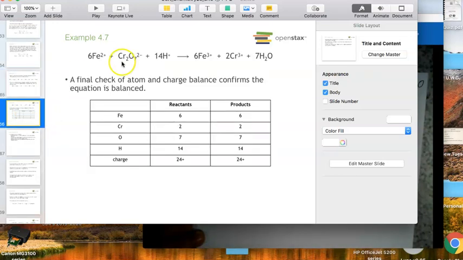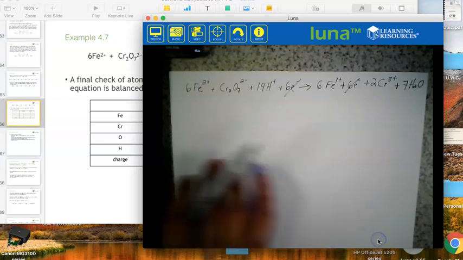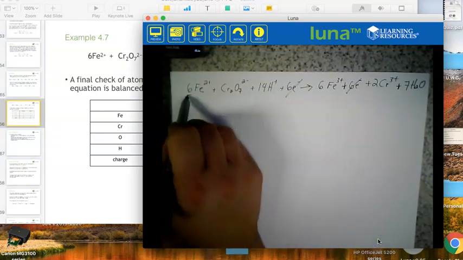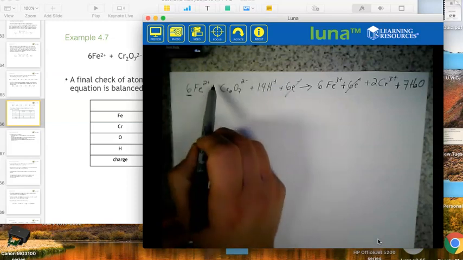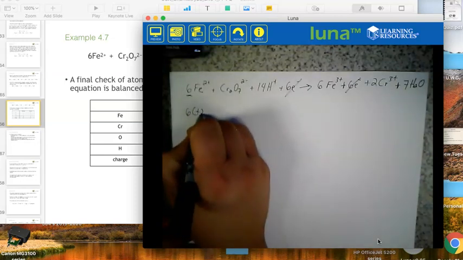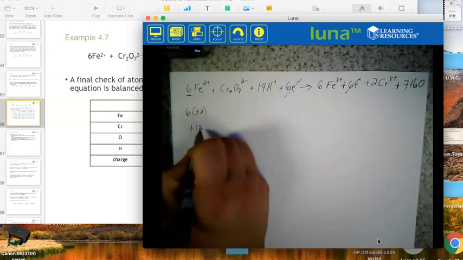now we need to be able to balance the charges. Okay, so it shows you that here. And so what we need to do is basically we're going to take the coefficient and multiply it by whatever the overall charge is on the atom or the compound. And so here 6 times plus 2, so that's plus 12.